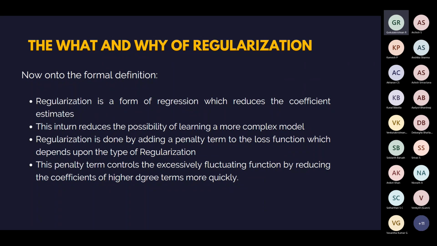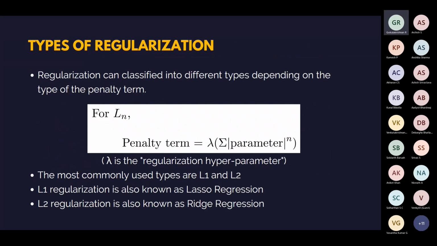We have the traditional loss function, which is the sum of the squares of the difference between the actual output and the output our model predicts. We add a penalty term of the form lambda times the summation of the modulus of all the parameters raised to the power n. Lambda here is known as the regularization hyperparameter.